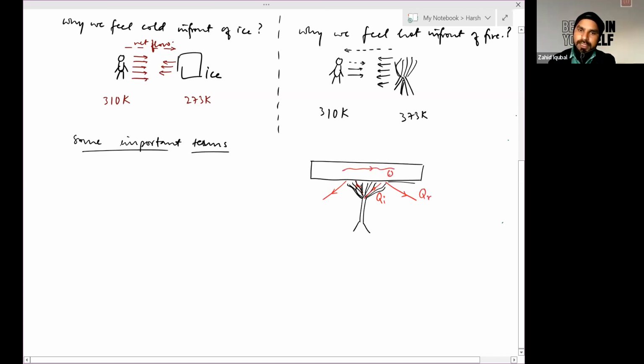Some radiation will get absorbed and some may get transmitted along this direction. So on the basis of the amount of incident radiation, we have three parts: the amount of radiation reflected, absorbed, and transmitted. We may define first absorbance, which is also called absorptive power, and which is also called absorptivity.